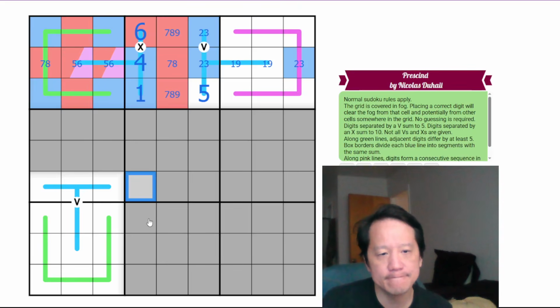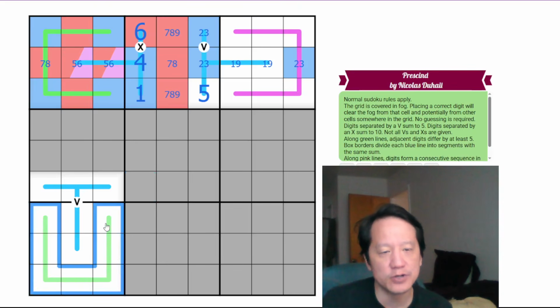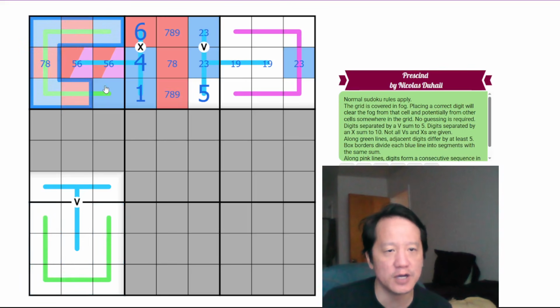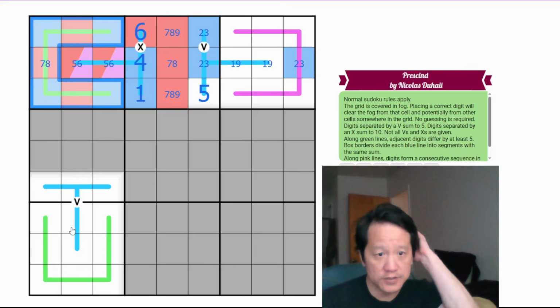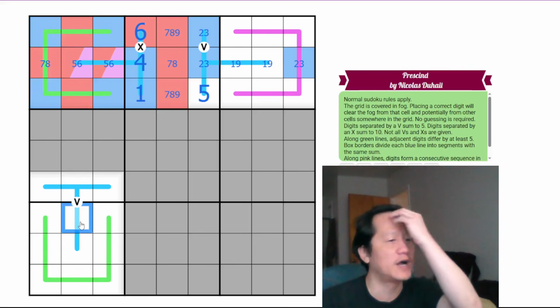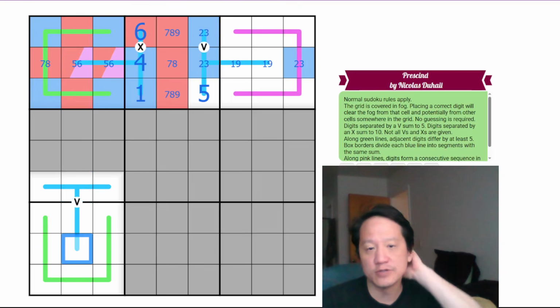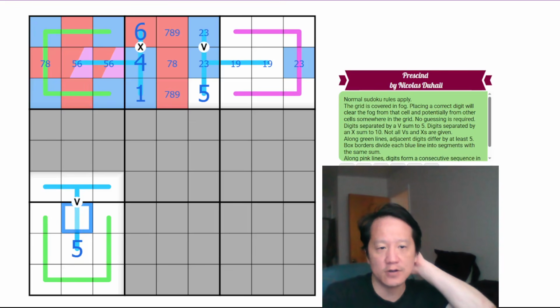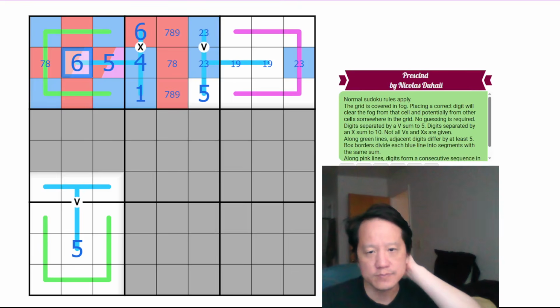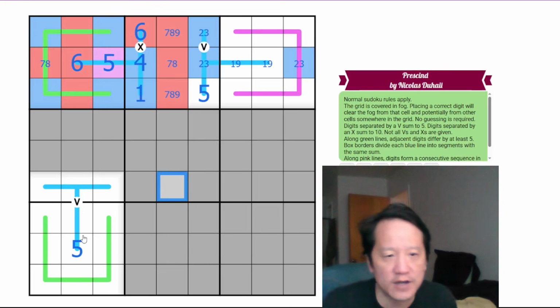Okay. So we have something similar here in this lower left-hand box as we did in the upper left-hand box. So 5 has to be one of these two, but 5 with another normal Sudoku digit never adds up to 5. So therefore, this must be 5 here, which makes this 6, which makes that 5 there. So this is a high digit. This is not a high digit. It's 5.